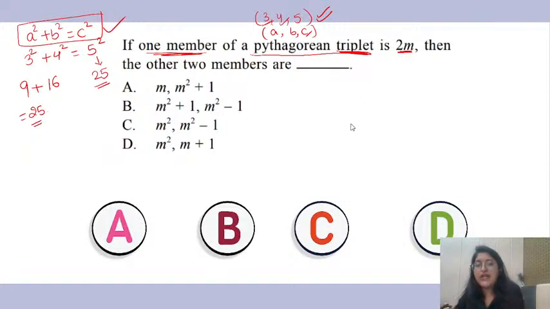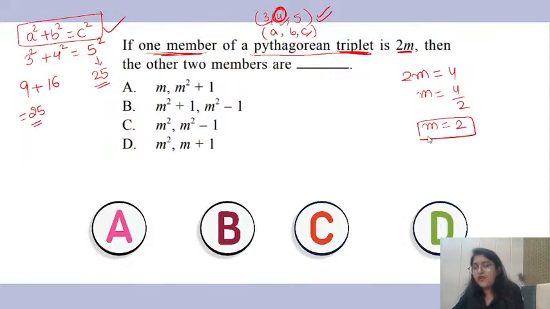Suppose the one member of this triplet is 2m. So let 2m equal 4, and I get the value of m from here as 2. All right, I got the value of m as 2.